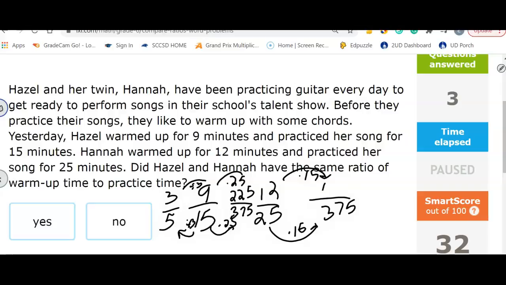Okay. I'm sorry, 180. Do we agree that's 225 over 375 and 180 over 375? Do we all agree with that? Yes. Okay. So, are these equivalent? No. They are not. Liam?